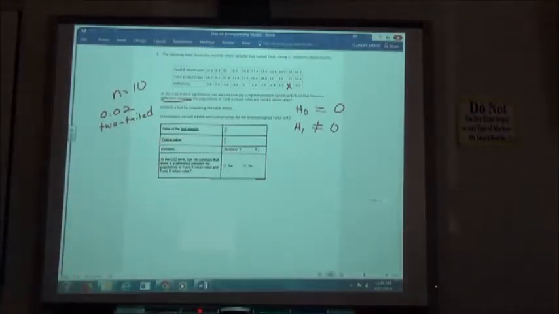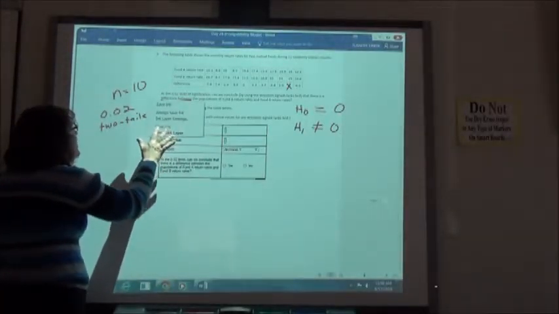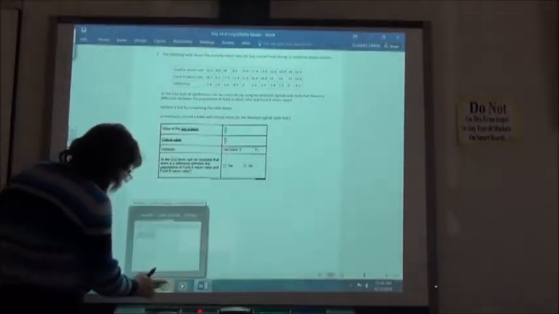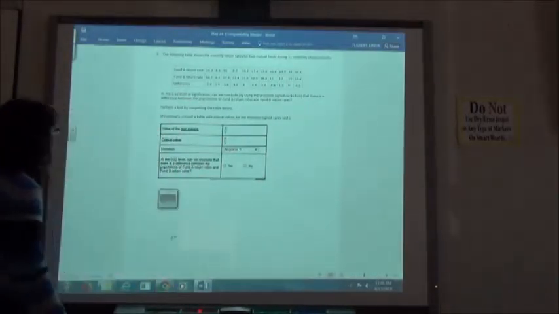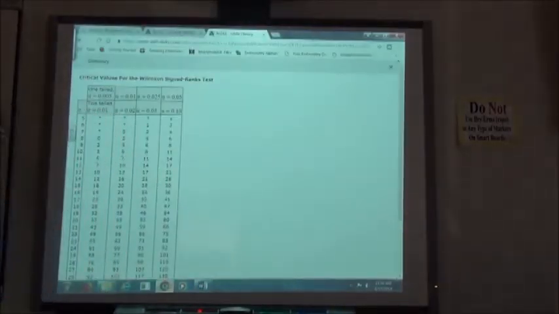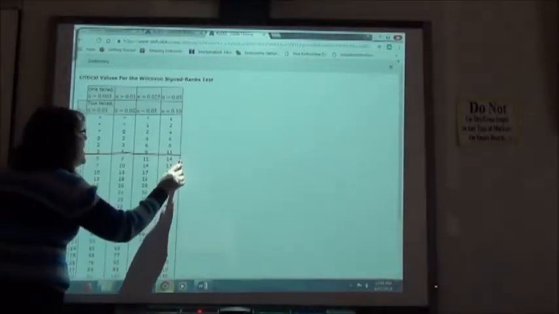And I'm just going to go ahead and look up the critical value first before I do all the sign stuff, because I have to erase everything when I go look up my critical value. So n is 10, 0.02 level of significance when there's a two-tailed test. And so if I bring up my table, there it comes. N is 10. There's my row for 10.